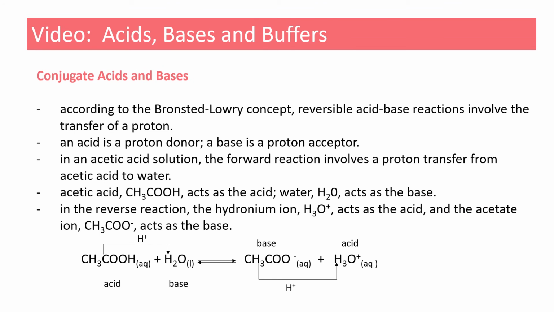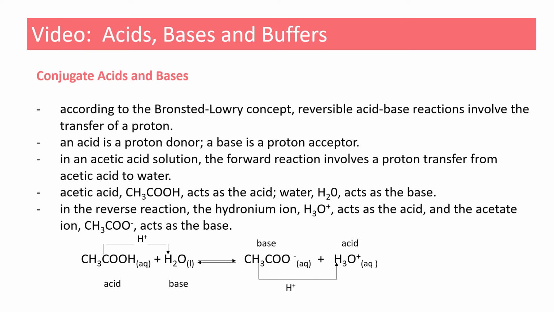Conjugate acids and bases. According to the Bronsted-Lowry concept, reversible acid-base reactions involve the transfer of a proton. An acid is a proton donor, a base is a proton acceptor.